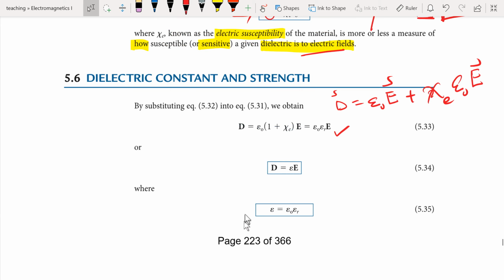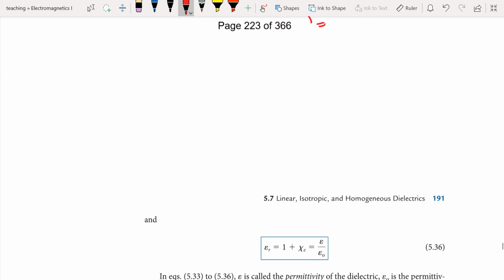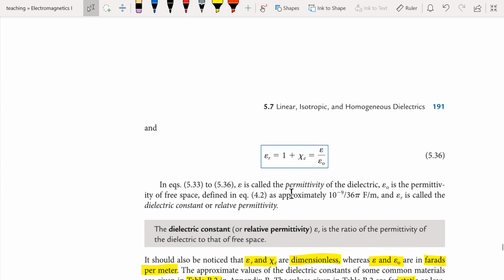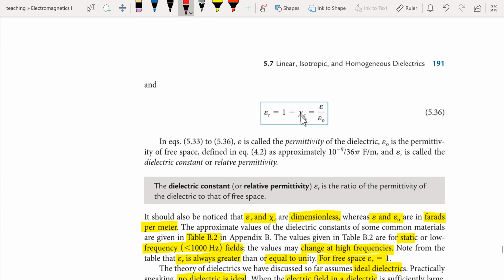And then what we actually observe is that we can say D is a function of E, and therefore we have D equivalent to epsilon naught epsilon R times E. And now what we have new that we never had before is epsilon R, that is given by this term right here, which is 1 plus psi E. Therefore, once we have psi E, we have defined epsilon R. We have already defined psi E as the material susceptibility.